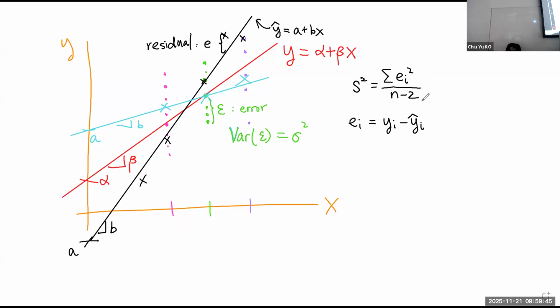So it is just the data point minus the line, and take the square.